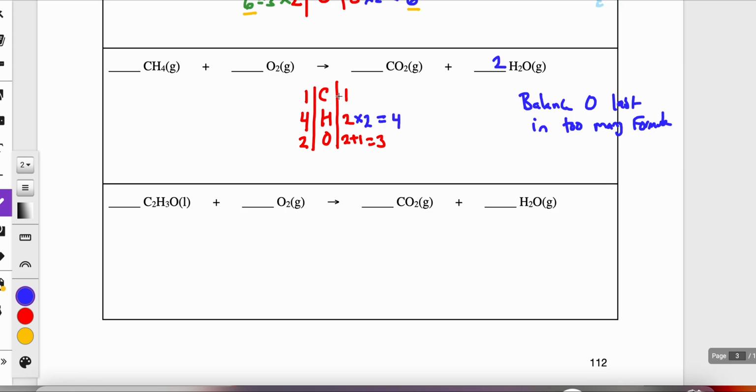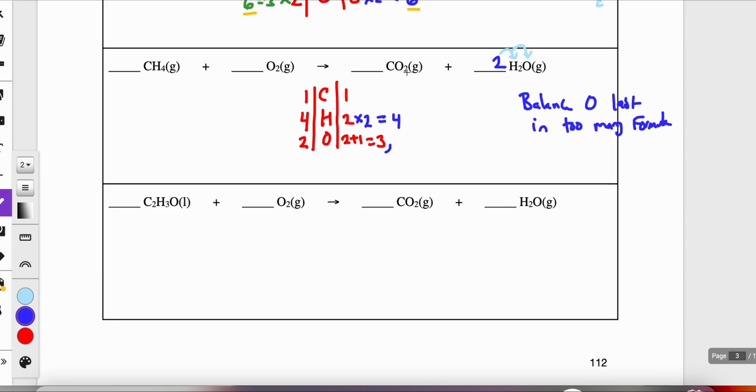This coefficient of 2 does not affect the carbons because carbon is not in this formula, but it does affect the oxygen count because it is H2O. So this coefficient, not only does it belong to the hydrogen, but also to the oxygen. So take a look here if I'm going to do this carefully.